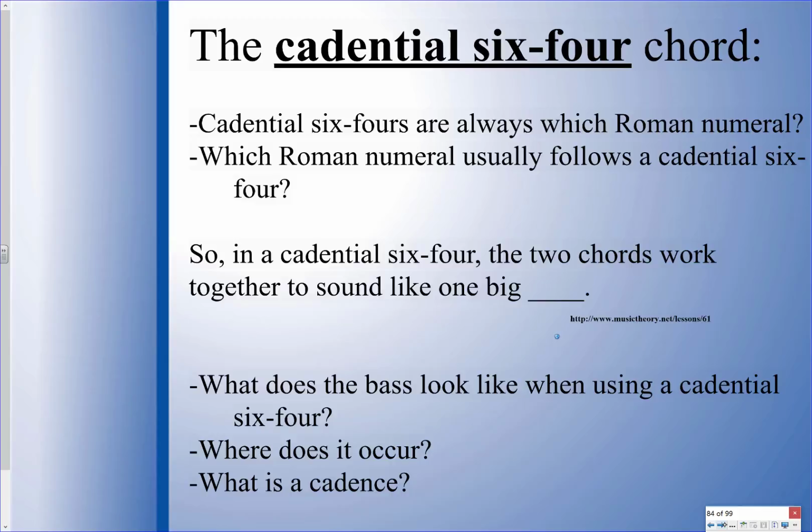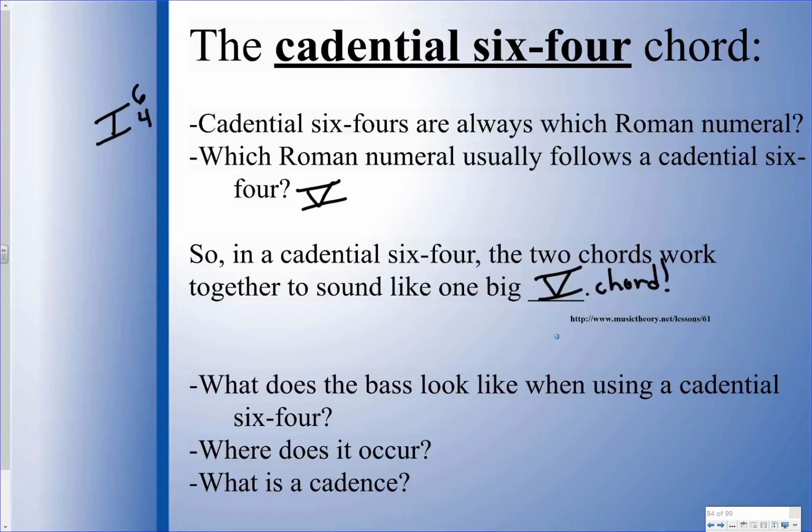Cadential 6/4 chords are always which Roman numeral? 1, 6, 4, 5. So in the cadential 6/4, the 2 chords, the 1, 6, 4 to the 5, work together to sound like one big five chord.